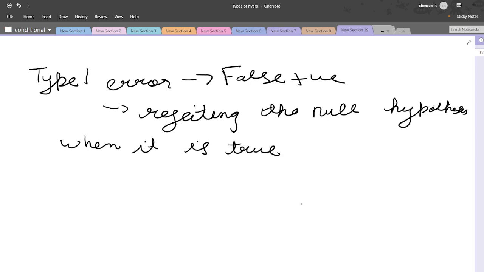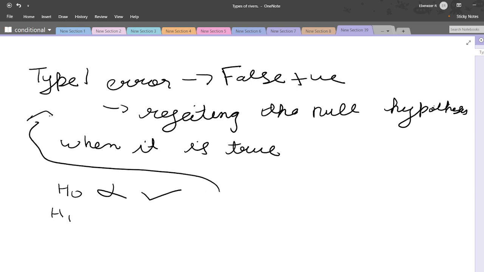Suppose you have the hypothesis H naught, you are rejecting it, saying it's wrong, but actually it is correct. That is called the type 1 error, or false positive.